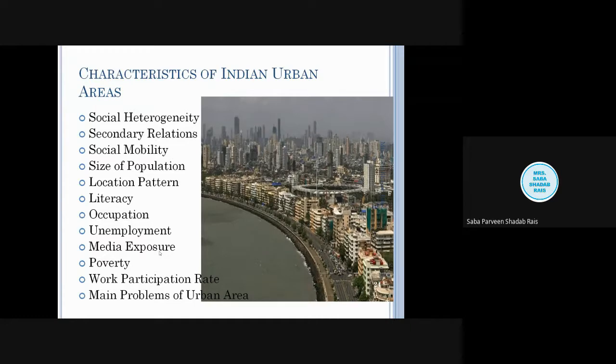Overcrowding in public transport: you will observe in trains that people don't have a seat, forget the seat, they don't have a place to stand. Also in the second class, people are literally holding the doors of the train and traveling. Nowadays the same situation is in the first class also. Even in buses, the same situation. And if you pay for autos, traffic is so much that on the meter you have to pay a higher rate.